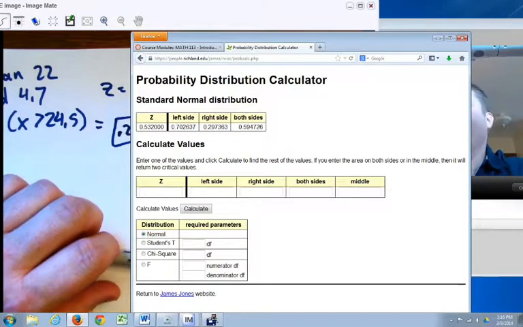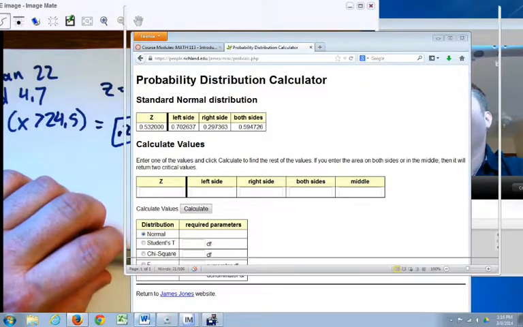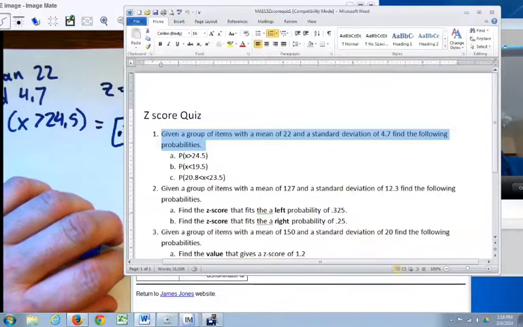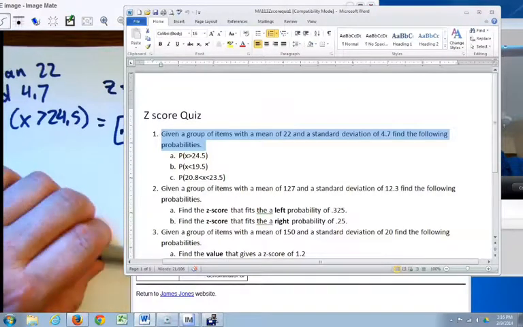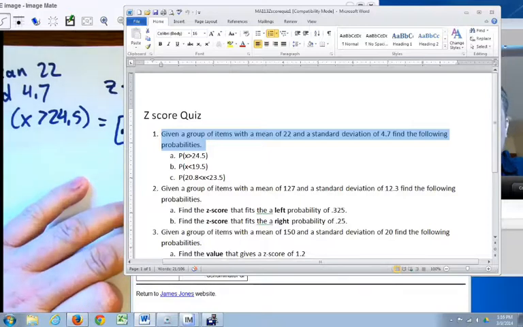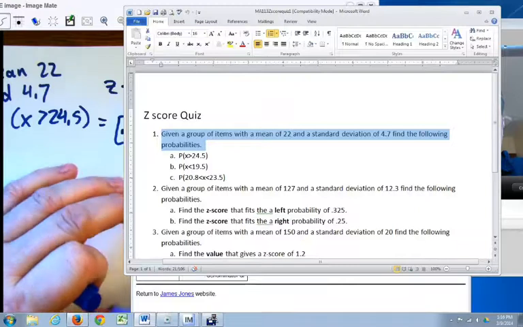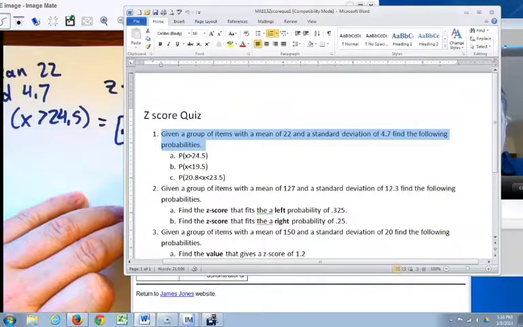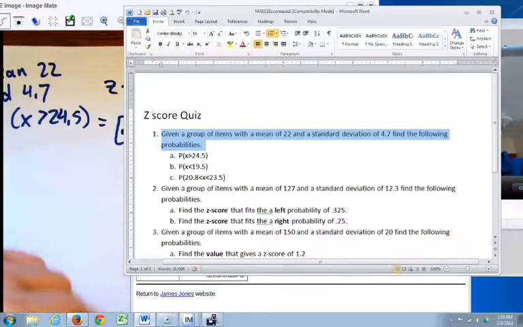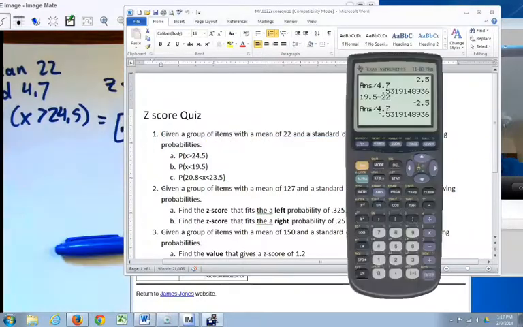Now, the next problem in this section suggests that we find to the left. If we find to the left of 19.5, you would do exactly the same thing. Do your calculations. I come up in this case with negative 0.532.